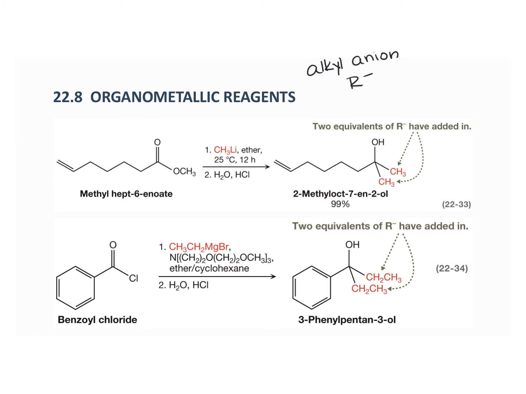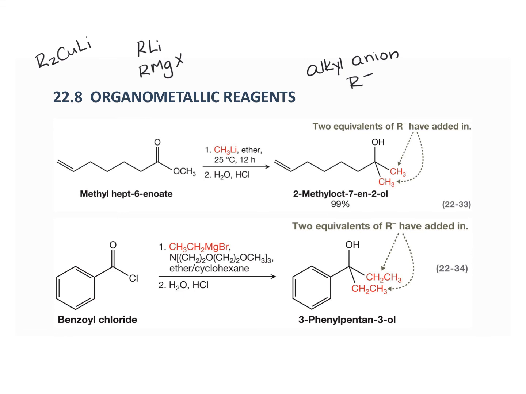So sources of alkyl anions are organometallic compounds like alkyl lithium reagents, which we've messed with before, Grignard reagents, where X is a halogen, and then lithium dialkyl cuprates, which I always have a hard time saying, okay?